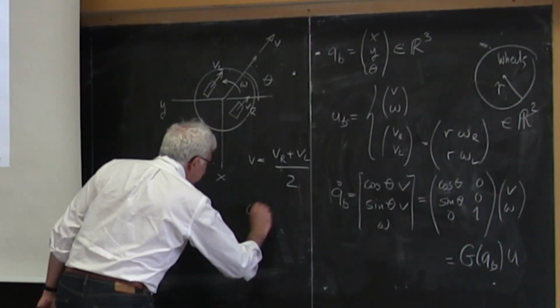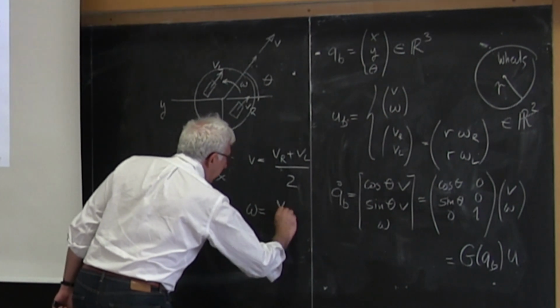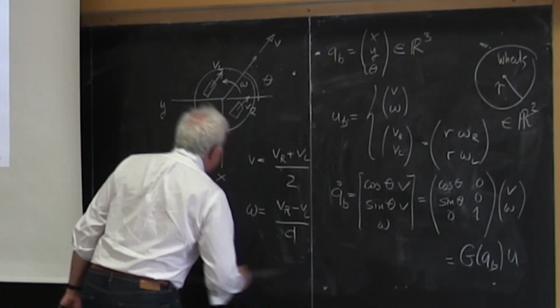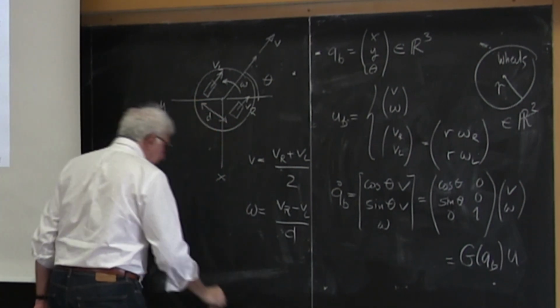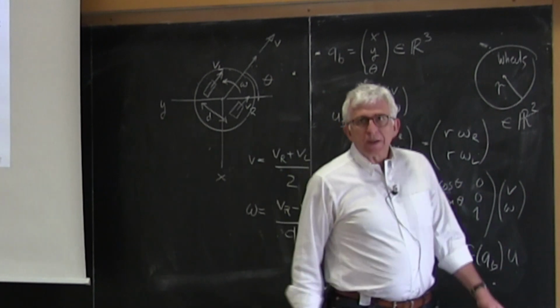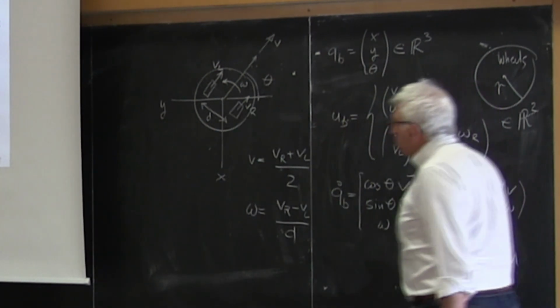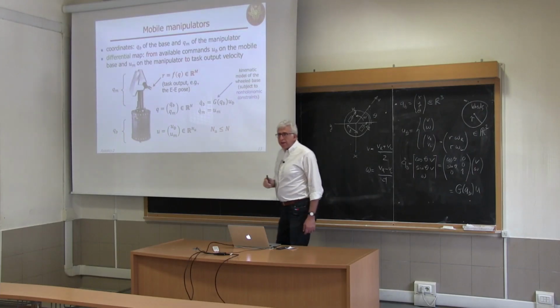The angular speed is computed as vR minus vL divided by d, where d is the distance between the right and the left wheel. So here we have a G of qb that we will use inside this model.